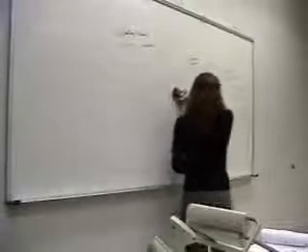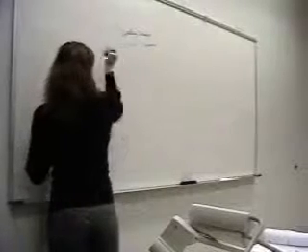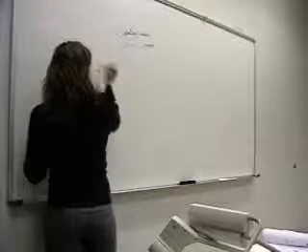Fixed overhead should be fixed no matter what the quantity is. It's fixed in nature. So the idea is that, no matter what our output is, it's going to stay constant.